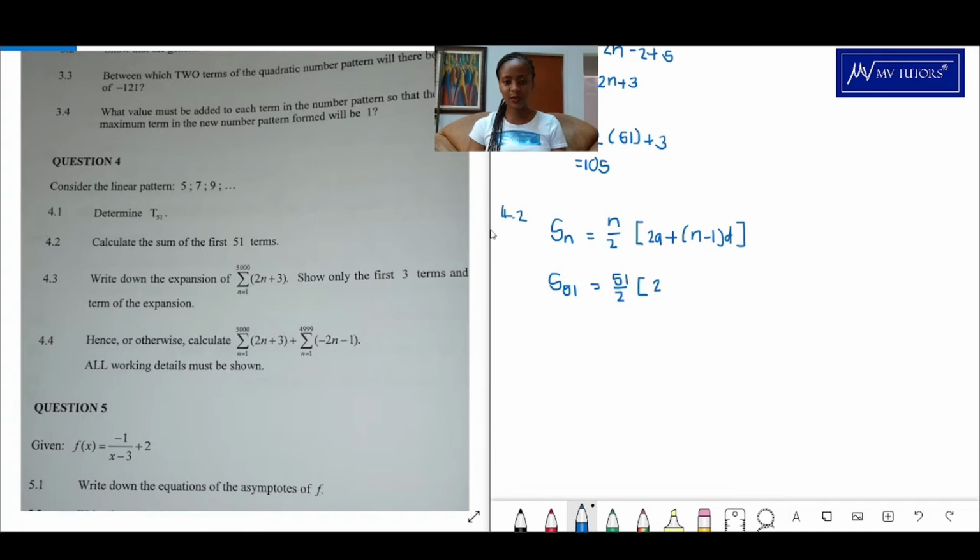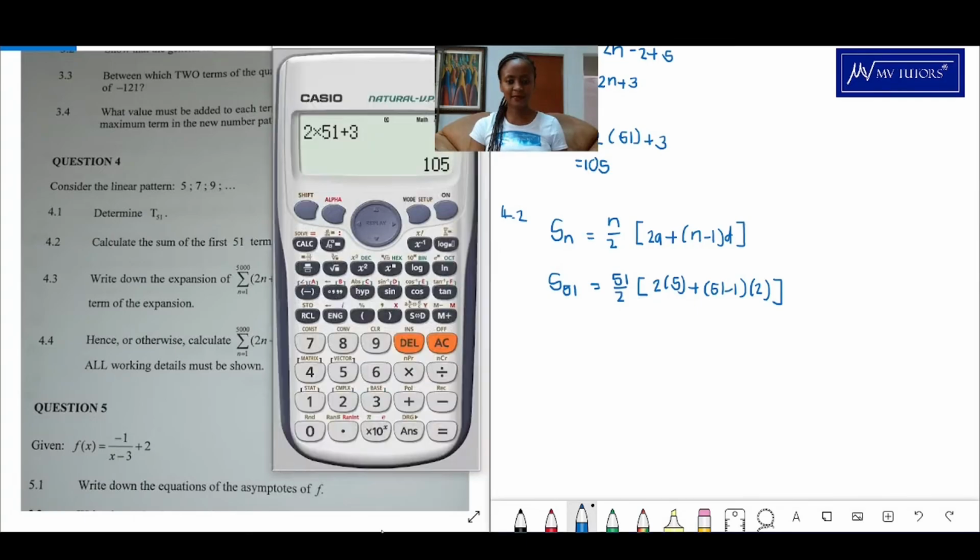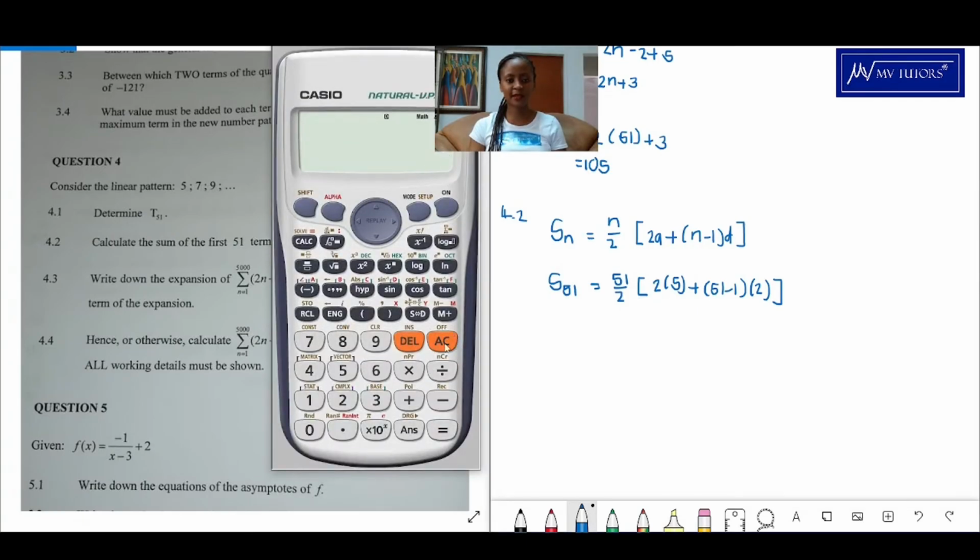All right, so 2 times the first term, which is 5, plus 51 minus 1, and the difference is positive 2. Yes. So we're just going to plug everything in the calculator as is. You can simplify it if you want, but yeah.